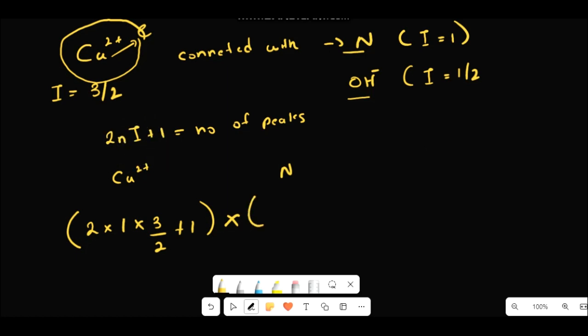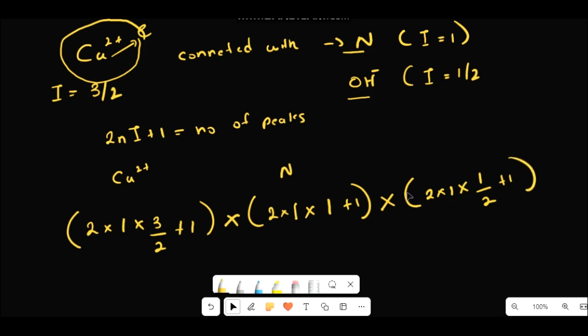Here n is 1, because only one nitrogen atom, and I is also 1, plus 1. And again when I'm moving to the OH minus ion, we connect it with multiplication. Here again I am using the 2nI plus 1 rule. So n is 1, only one nucleus we are connecting with, and here I equals 1/2, plus 1.